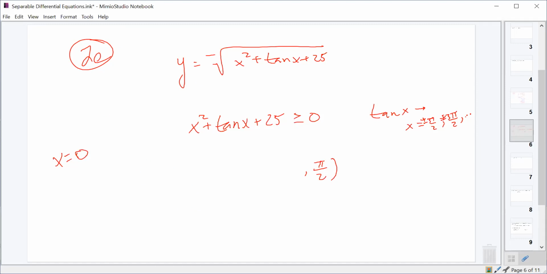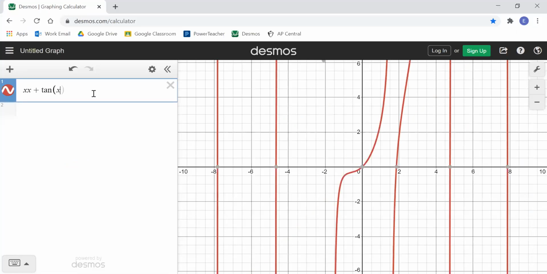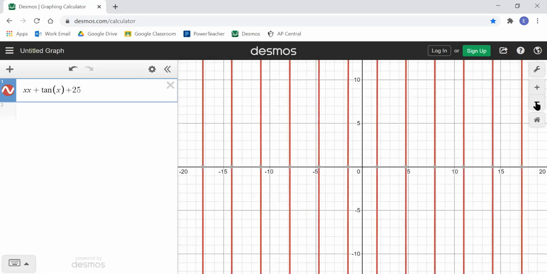You could do that with your graphing calculator by just graphing x squared plus tangent x plus 25. I would do that on my graphing calculator, except that mine doesn't work properly anymore. So I would just put it in here. And if we look, I'll probably zoom out a bit here.